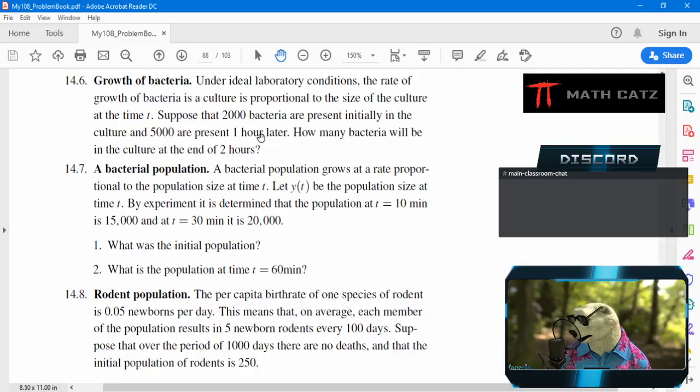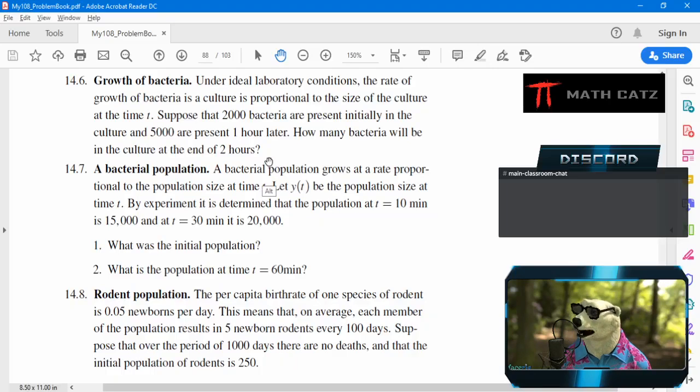But in general, if I'm going to use anything that they didn't define, I'm going to have to define my variable at the very start, which is usually the population size function.